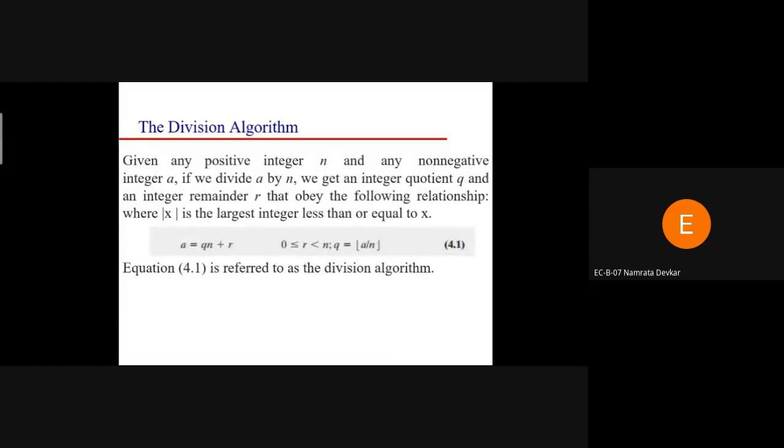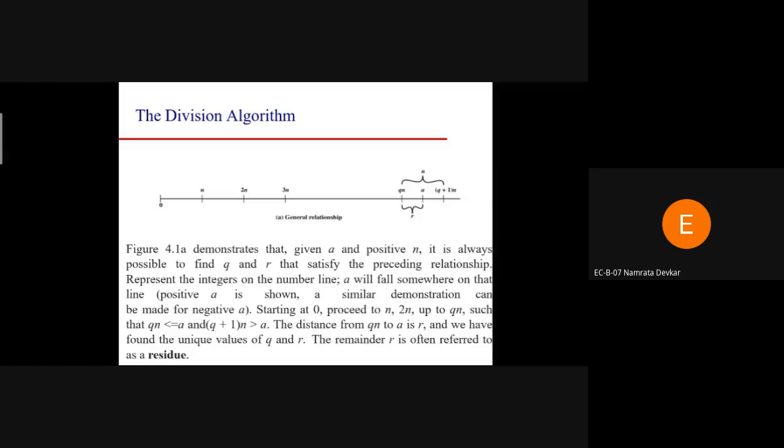In this example, q stands for the quotient and r stands for the remainder. We'll explain this division algorithm in more detail. To represent the division algorithm, we can take any positive integers and check this particular example.